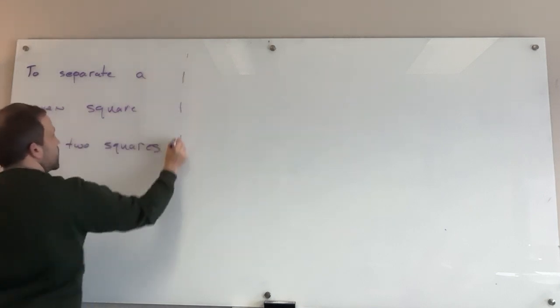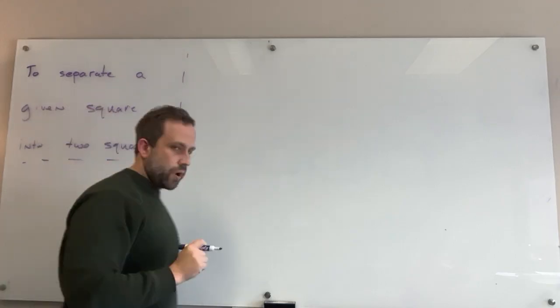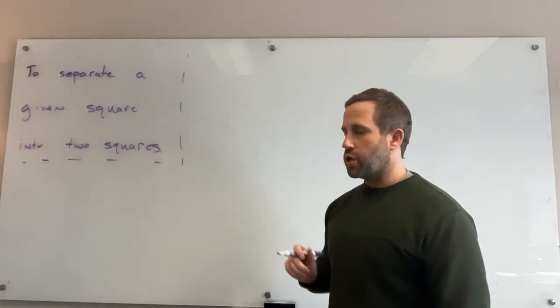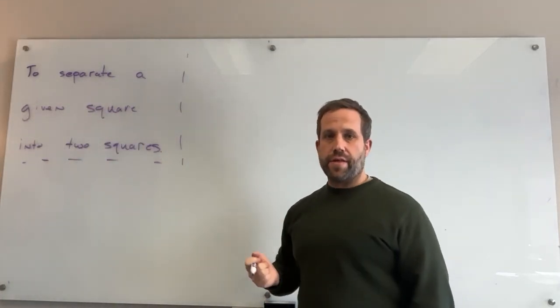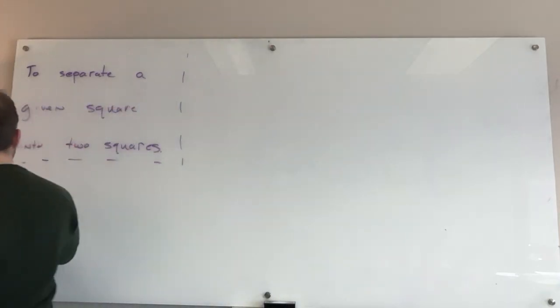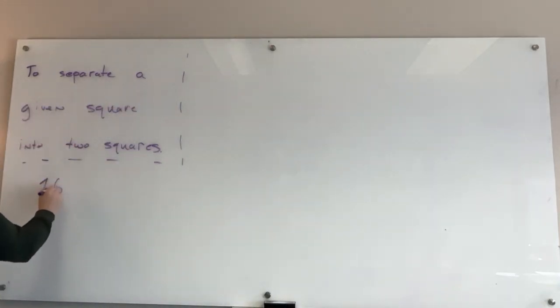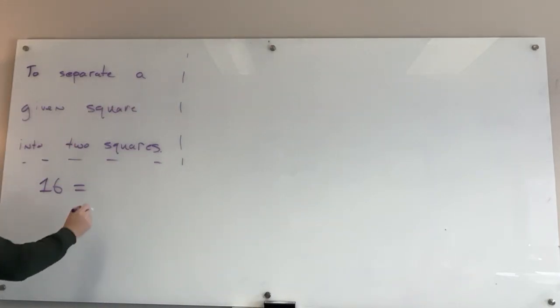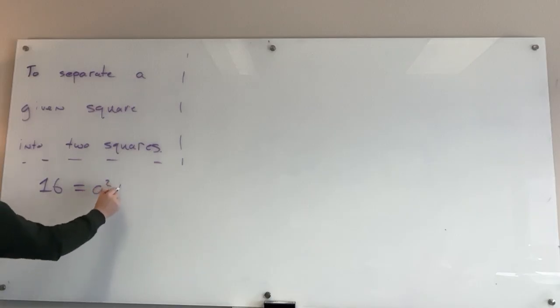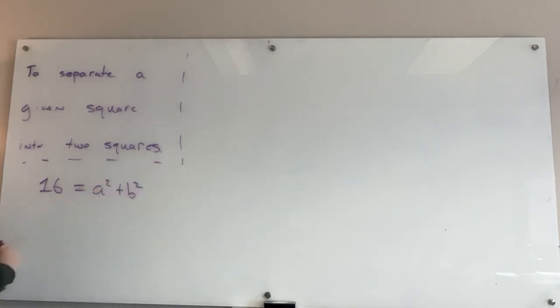Okay, so to illustrate his method, he uses the number 16. So we could have something like 16 equals a squared plus b squared.